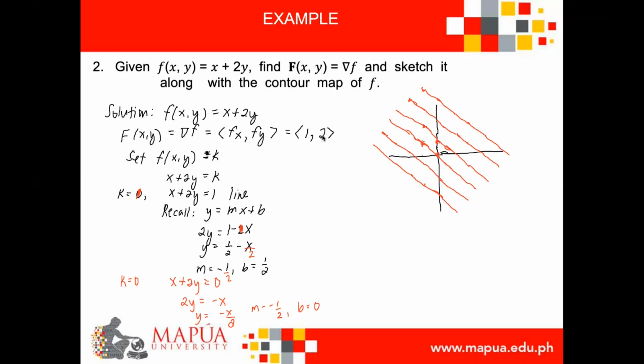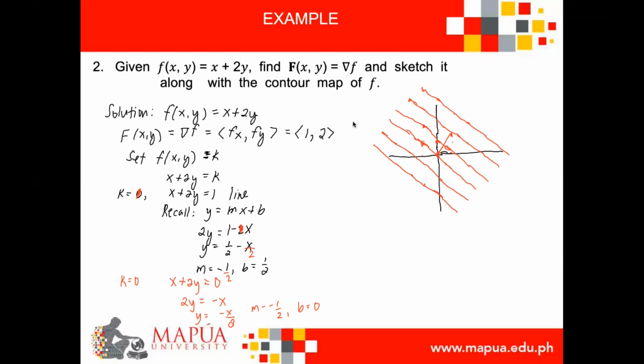So at any point here, let's say at 0, we measure 1 to the right and 2 upwards. So that is representing the vector 1, 2. Let us just estimate that this is 1, and this is 2. Then we just connect the 2 points.